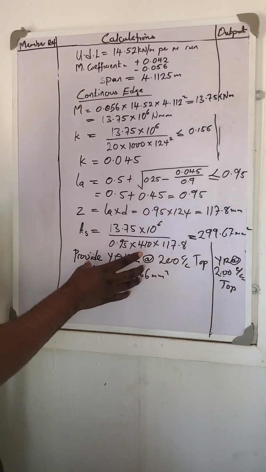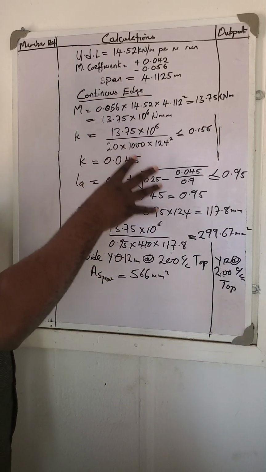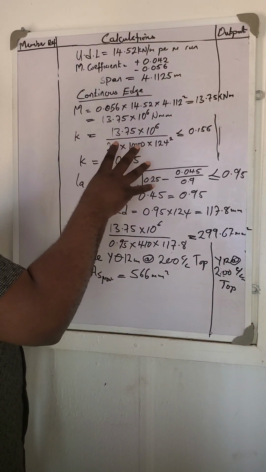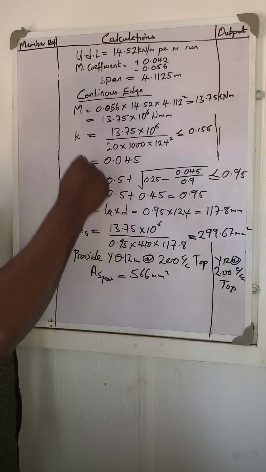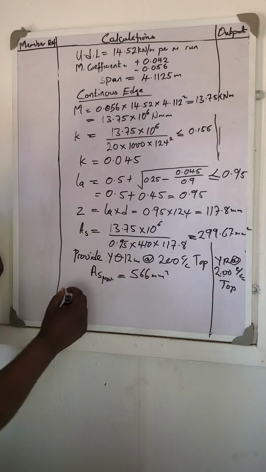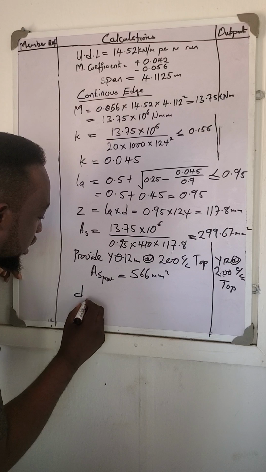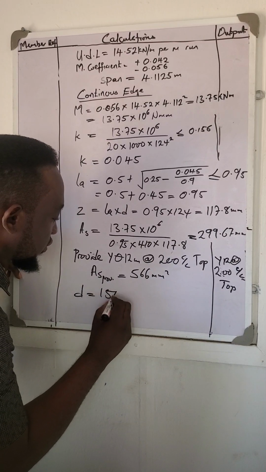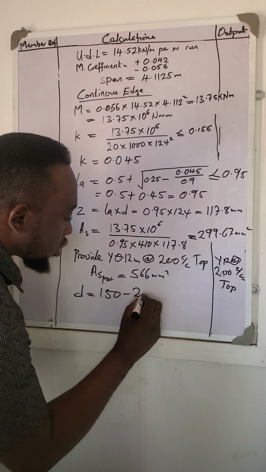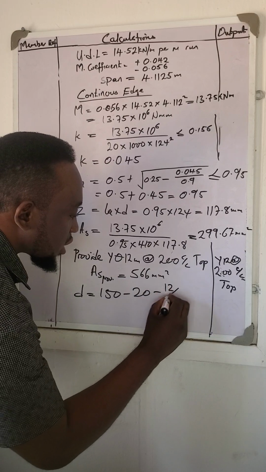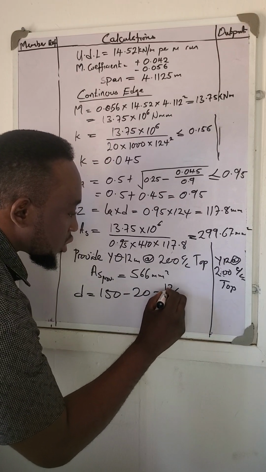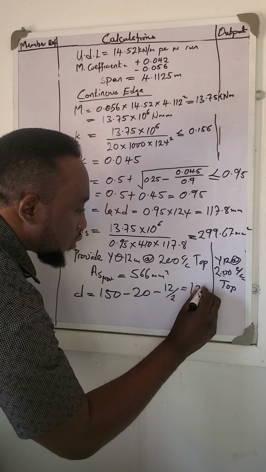So the only difference between the calculations for the mid span, the shorter span, is the effective depth. The effective depth of the short span is D equals H, which is 150, minus 20 concrete cover, minus steel over 2. That gives you 124 millimeters.